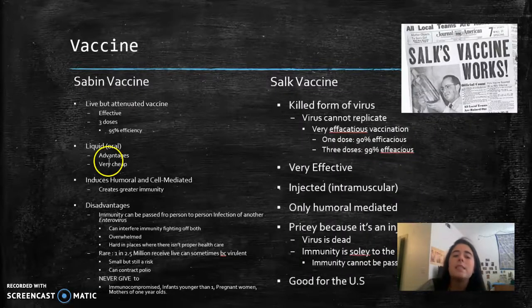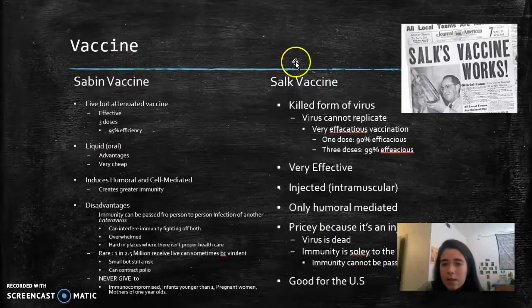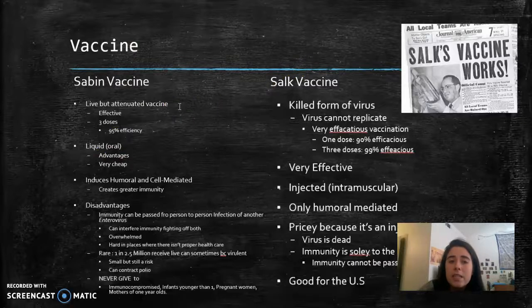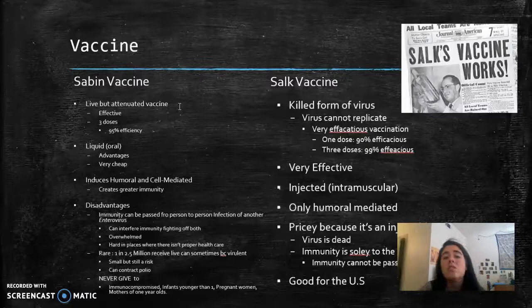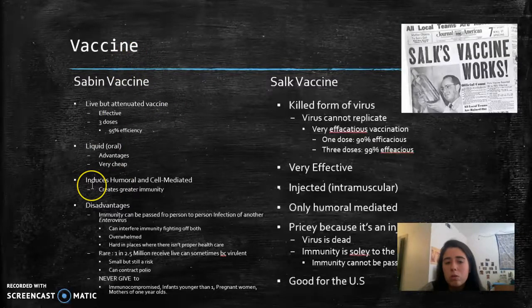Now, there are two types of vaccines, the Sabin vaccine and the Salk vaccine. The Sabin vaccine is live, but it's an attenuated vaccine. It's effective and it's given in 3 doses, which is about 95% efficiency. It is liquid, which gives it advantages, and is very cheap. This is actually given to lower income places and countries.